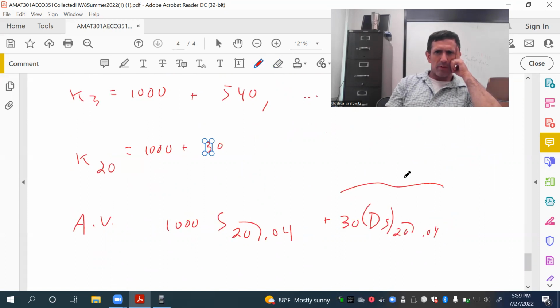And remember, this here is 30 times 20, 1.04 to the 20 minus S20 at 4% over 0.04.